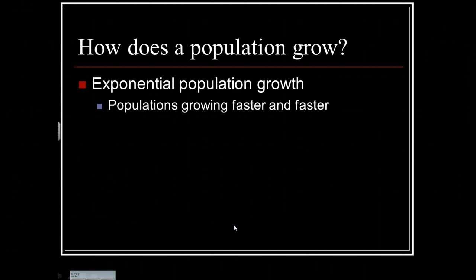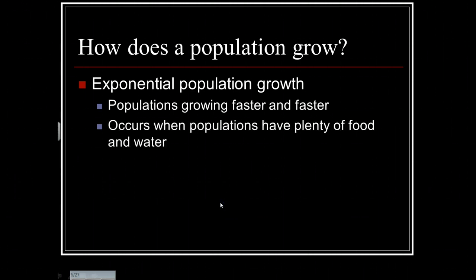Then if every generation has 6 puppies, there are going to be 18 dogs in the next, and then 54, and so on. So the number is getting bigger, faster and faster. When that happens, you have to consider what's taking place to other organisms around it and in the environment, which is what we're going to look at later in the year. Exponential population growth can occur under ideal conditions.